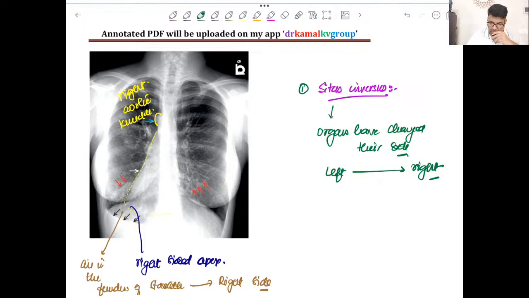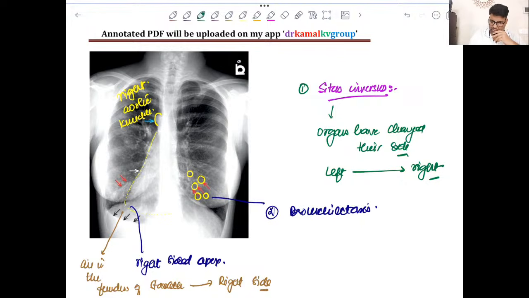Now secondly, we can see certain rounded shadows, right? So this is more suggestive of bronchiectasis. Okay, so this is suggesting bronchiectasis. Okay, so this is number 2, that is bronchiectasis.